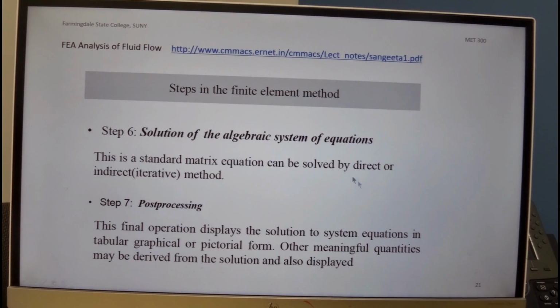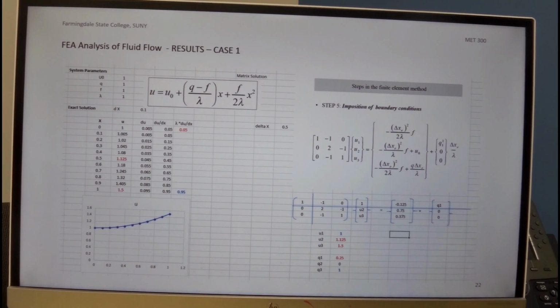The algebraic equations can now be solved, and the result can be represented and displayed pictorially and in graphics. What I did over here is I developed the exact solution in Excel. It's not quite continuous. There is an element size of 0.1 going from 0 all the way to 1.